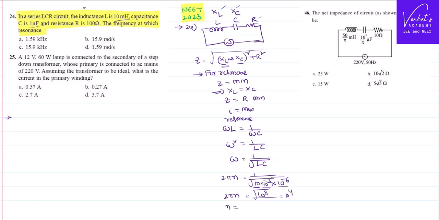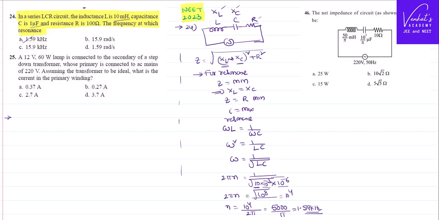So frequency n equals 10 power 4 divided by 2 pi. 10 power 4 means 10,000. 10,000 by 2 pi means 5,000 by pi. If you calculate that, it becomes 1.59 into 10 power 3 hertz, that is kilohertz. So your answer is 1.59 kilohertz. That's the answer for question number 24.